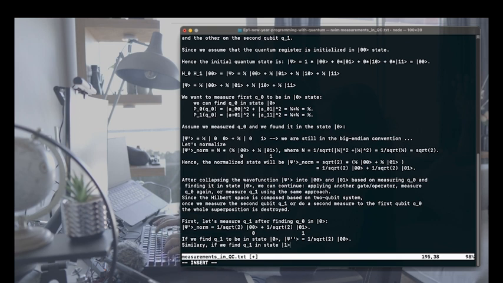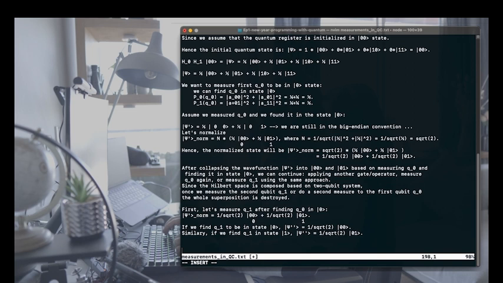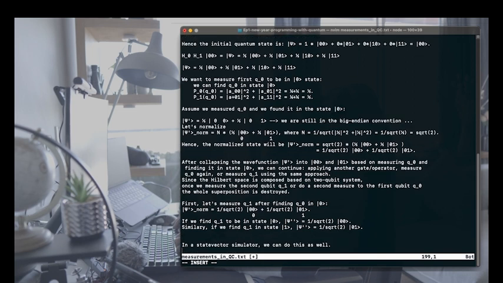And similarly, if we find the second qubit Q1 in state 1, then the whole system will collapse and we'll have a fixed outcome for the measurement, which will be ket 0 1. And in a state vector simulator, we can do this as well and take care of the random assignments of having either 0 or 1 for Q0, for example.